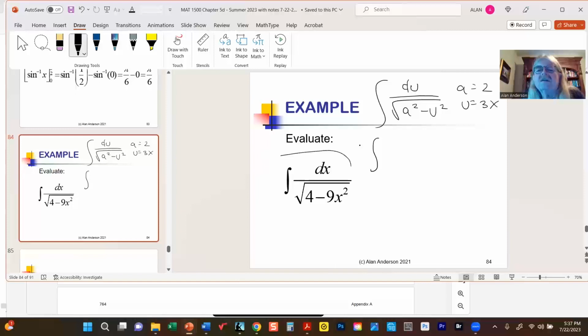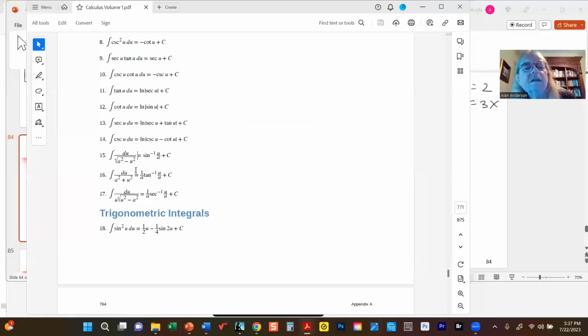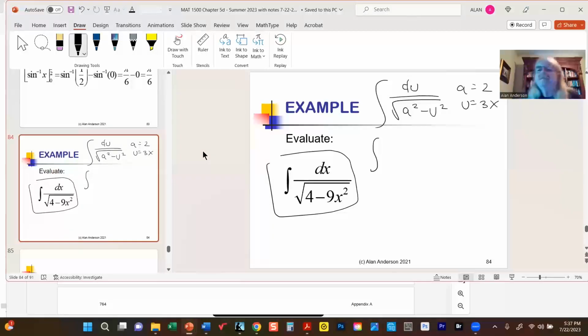Notice this is the original question, but the formulas they're giving us are written like this: the integral of du over the square root of a squared minus u squared. And we don't have that. Here's why. Because if u is 3x, then du is actually 3dx. So we need to provide the 3 here. Then we can carry on with the rule.